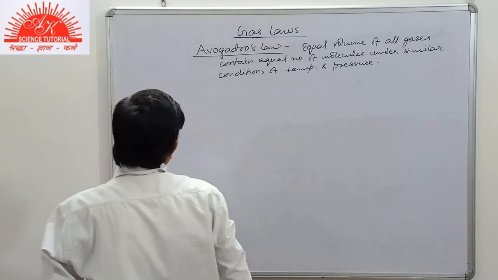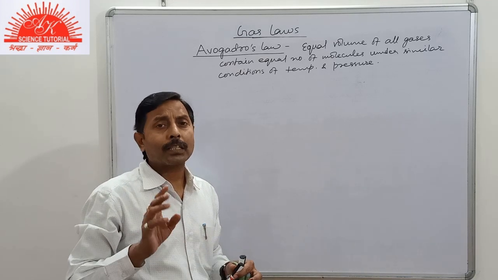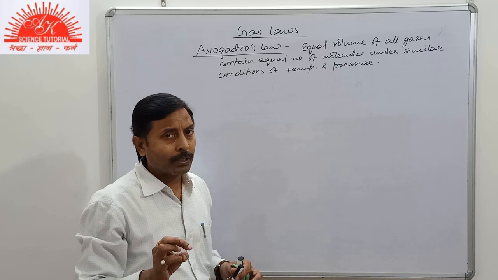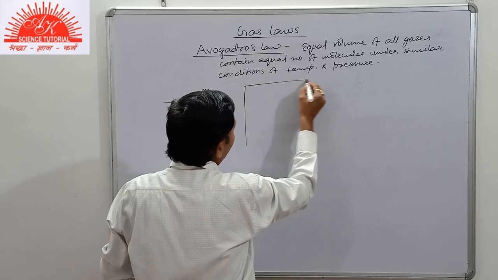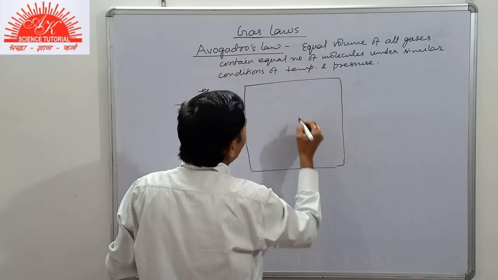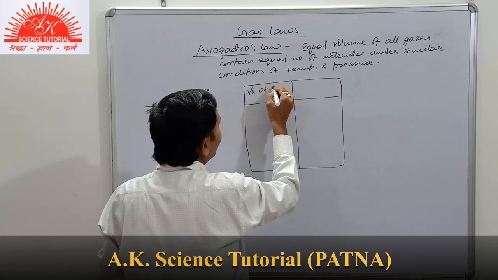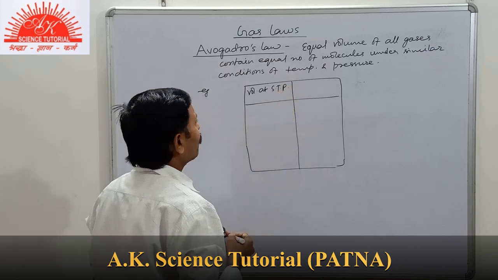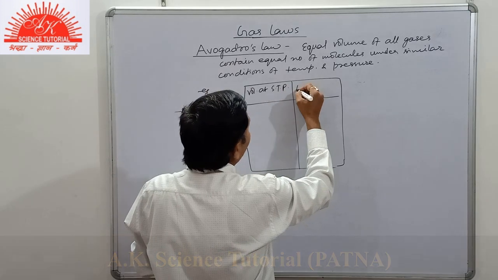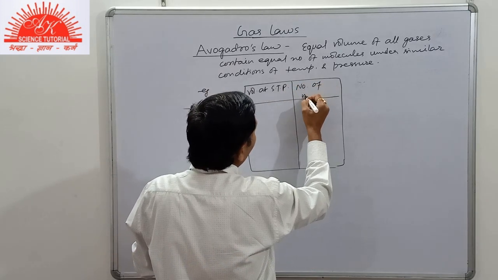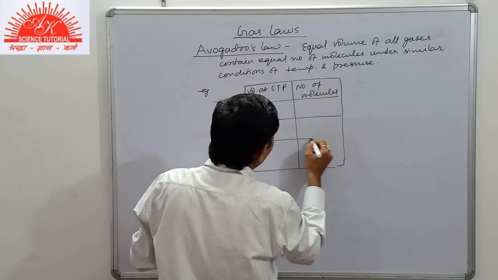According to this part, suppose there is a very simple question which was asked in the board exam, a 4 marks question, and you can see here. Suppose the question was like this, a table was made in which the volume at STP was given, that is, the volumes were compared under similar conditions of temperature and pressure, and here the number of molecules was given. Now students, this was the table made.